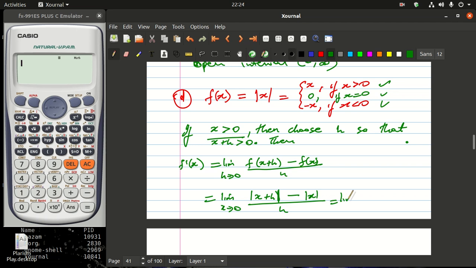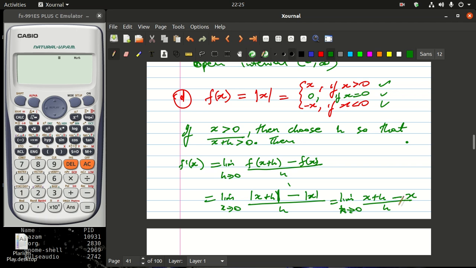Of course, this is the same as the limit as h approaches 0. And this one here, because x is still bigger than 0, I can always choose that this is still going to be x plus h, because if it is bigger than 0, I will still end up having that. So I'm still having this nice thing here, minus, I chose x to be bigger than 0, so this one is still going to be an x, and then I divide this by h.